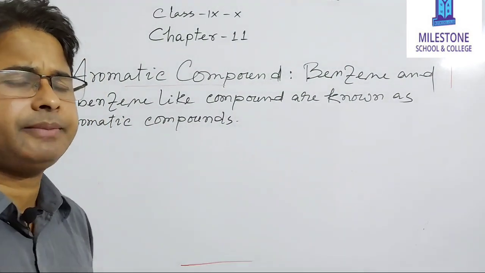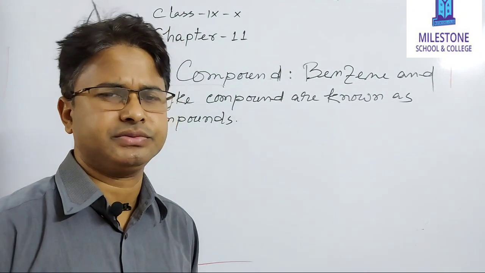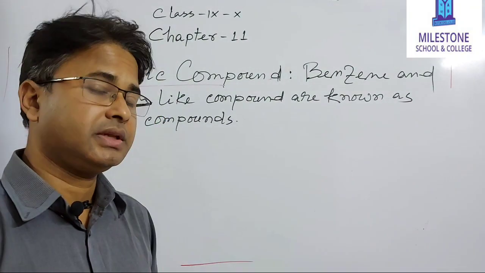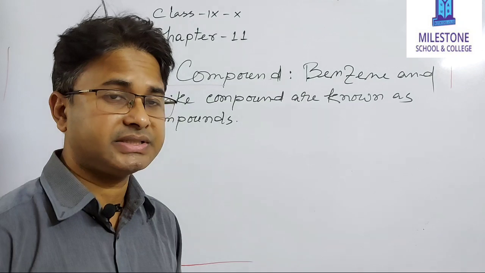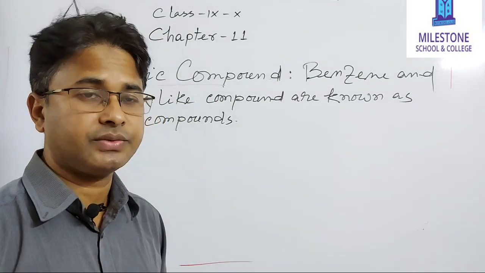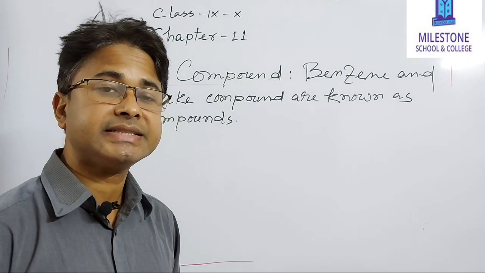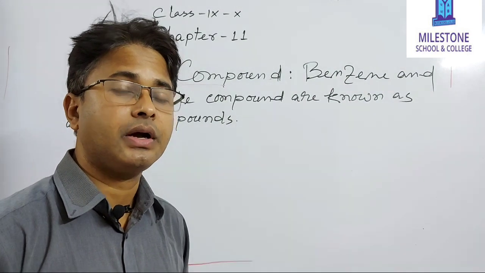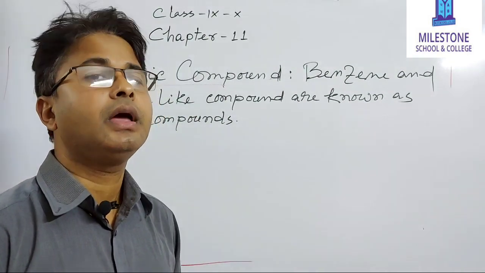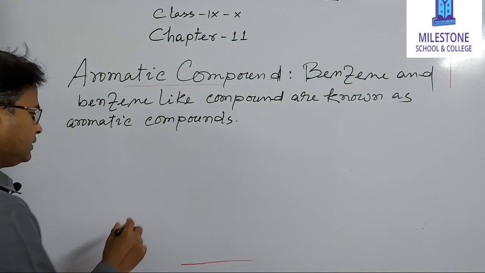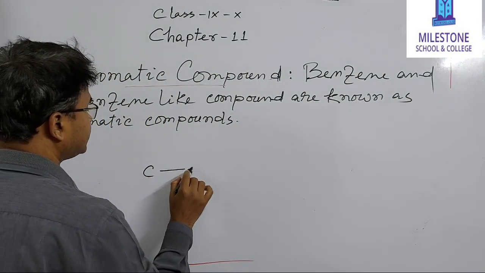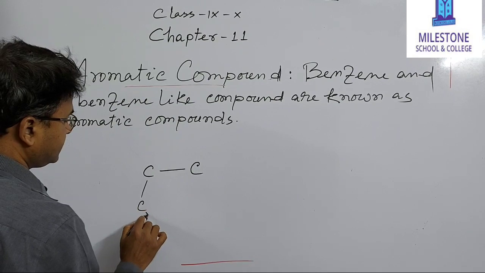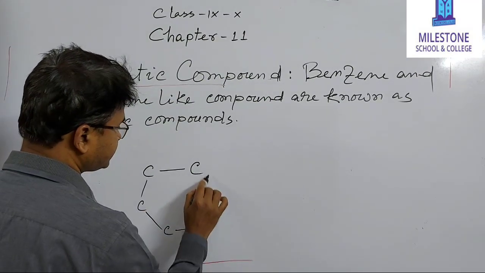As you can say, benzene is the mother compound of aromatic compounds. That's why I would like to show you the orbital figure of benzene, though it is not in your textbook. But to understand aromatic compounds, you have to know about the orbital figure of benzene. However, look at the whiteboard, dear students. You know that in benzene there are 6 carbon atoms.